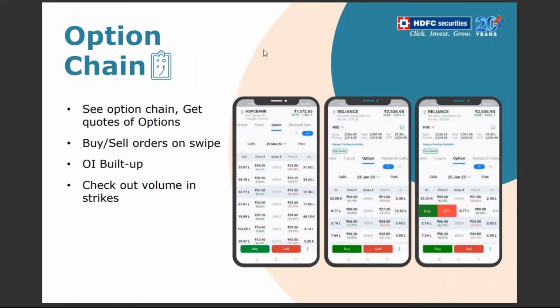And under the option chain page, you get the open interest build-up, so that you can understand, for example, if a particular call option or a put option is moving up, people are buying more, then automatically the demand is going up, the open interest is building up.